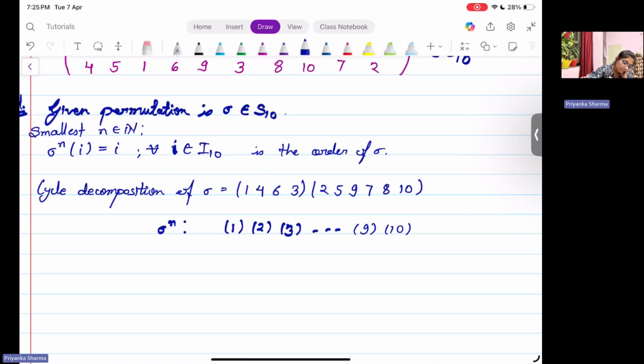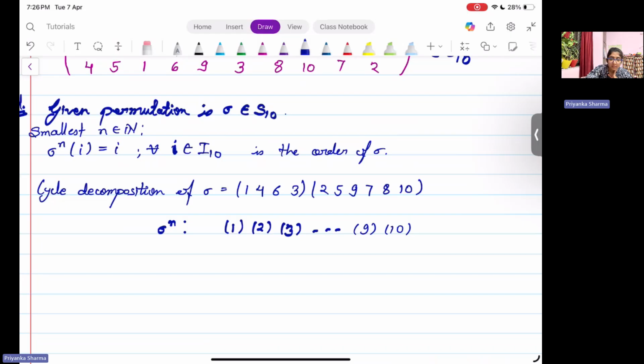Let's focus on the first cycle, which has 4 elements.